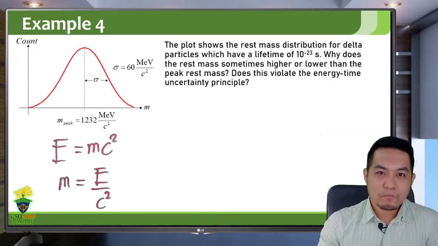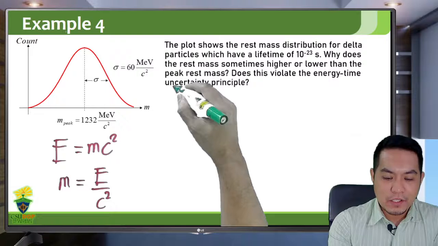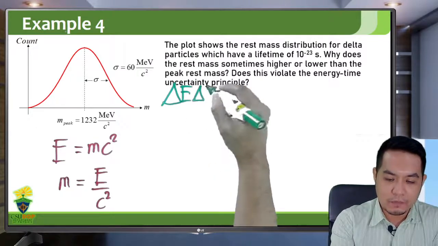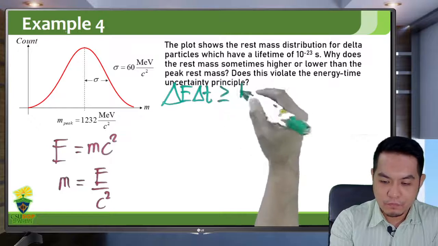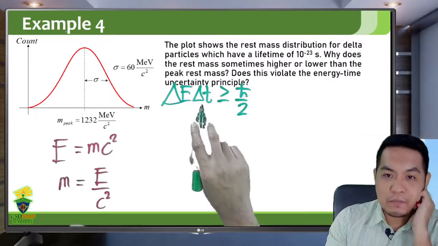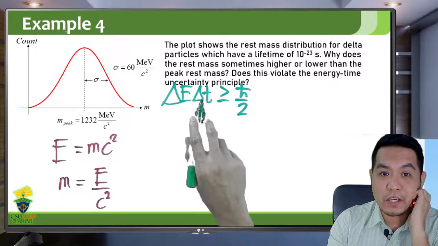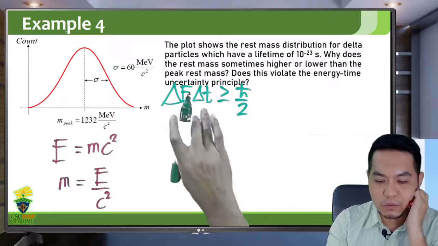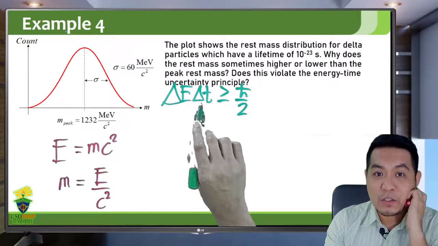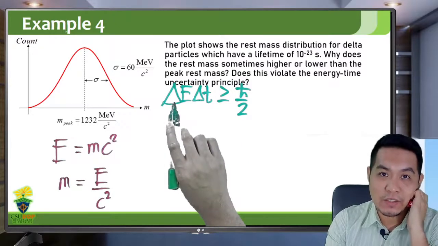Okay, so from the uncertainty in energy and time, you notice that these two are inversely proportional to each other. You can cross multiply this to show that they're inversely proportional. So if delta t is small, delta E is large.